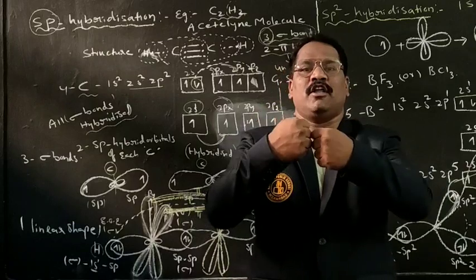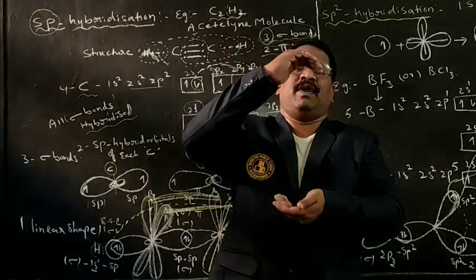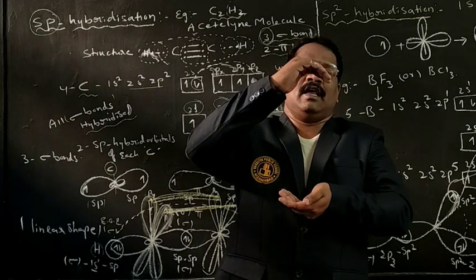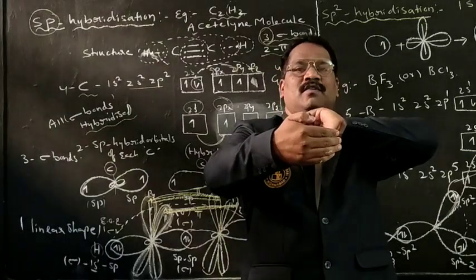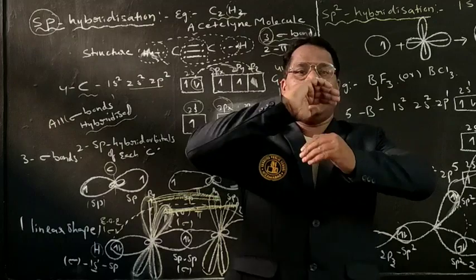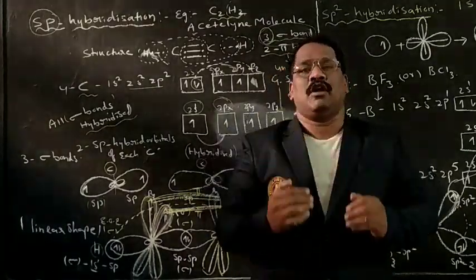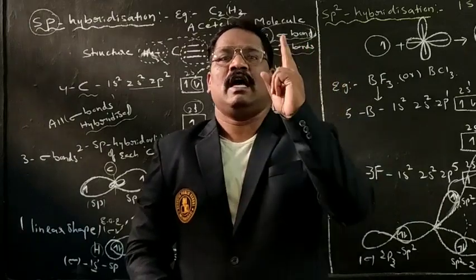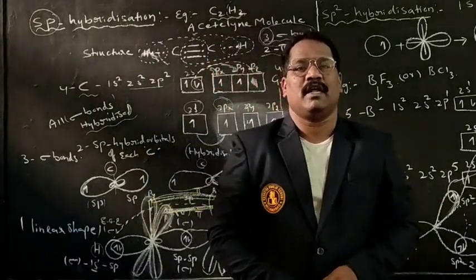So if a molecule exists in this way, the py orbitals overlap in this way and the pz orbitals overlap in this way, so that around the CH2 molecule, three sigma bonds and two pi bonds will exist.